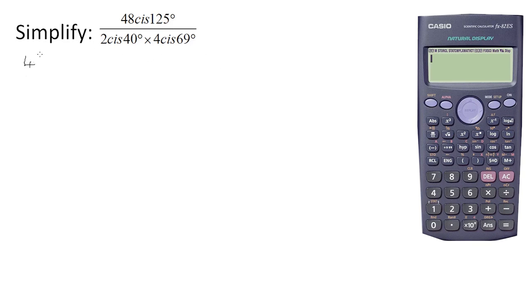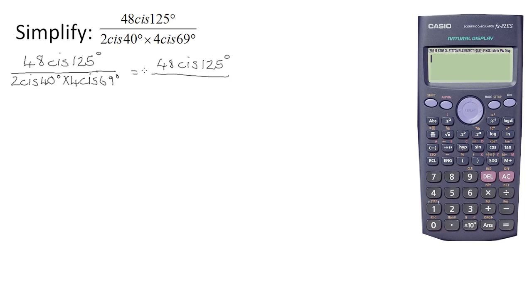So 48 cos 125 over 2 cos 40 degrees times 4 cos 69 degrees will now become, my numerator remains unchanged, but my denominator, how do we multiply two polar forms?